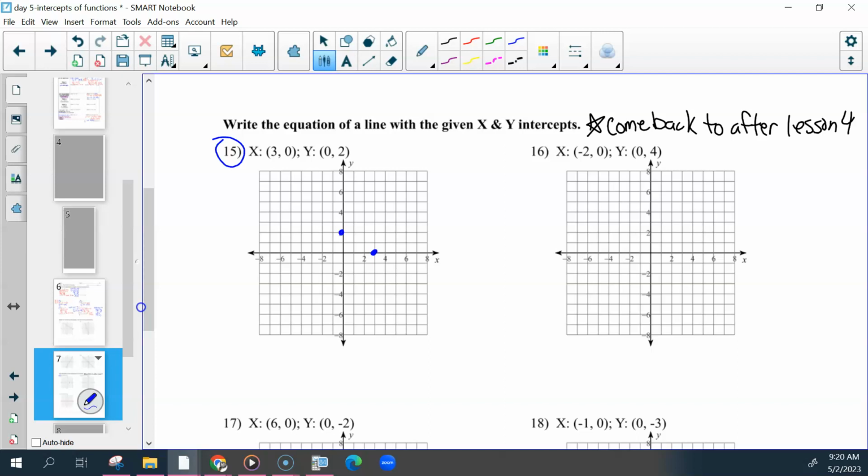Count your slope. It doesn't matter which one you start with. If I start here, I'm going to go down 2 and right 3, giving me a slope of negative 2 over 3. If I start here, I'm going to go up 2 and left 3, either way giving me a slope of negative 2 over 3.